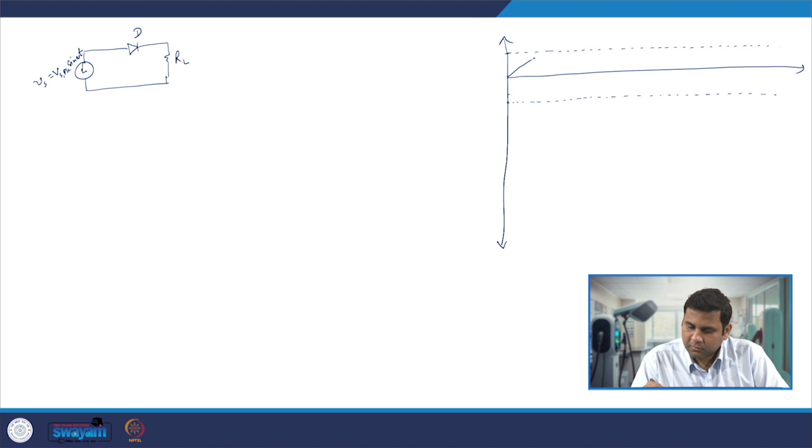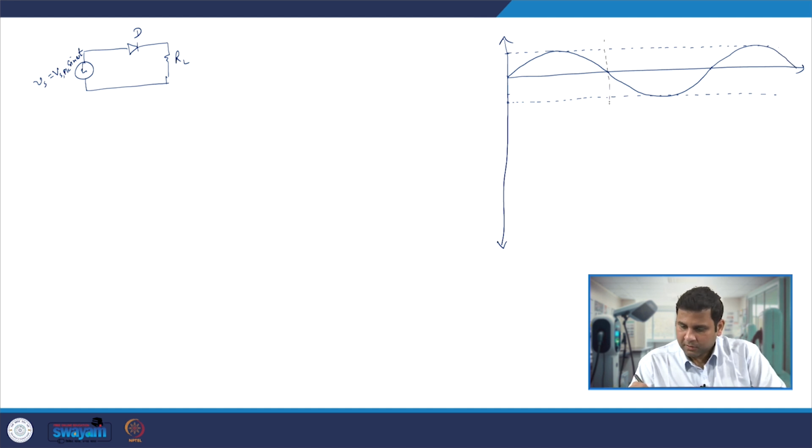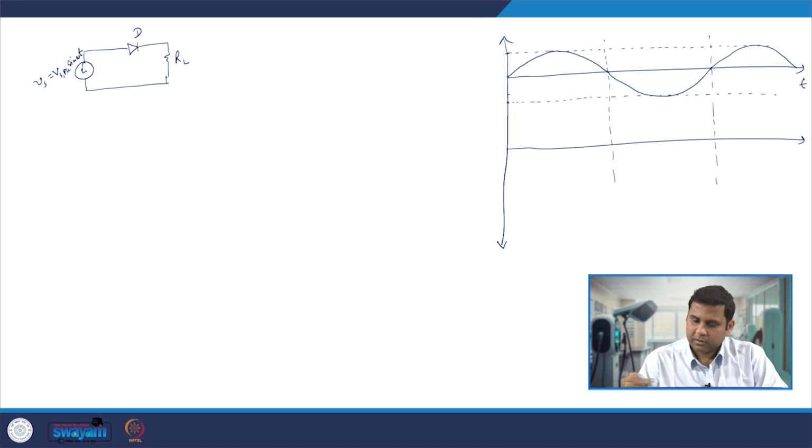This is your Vs, and this point is nothing but Vs peak of the sine wave, and this is your minus Vs peak.